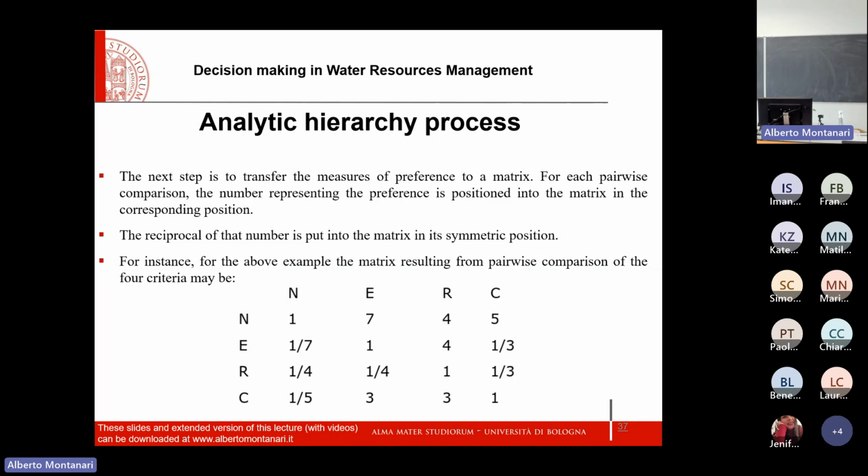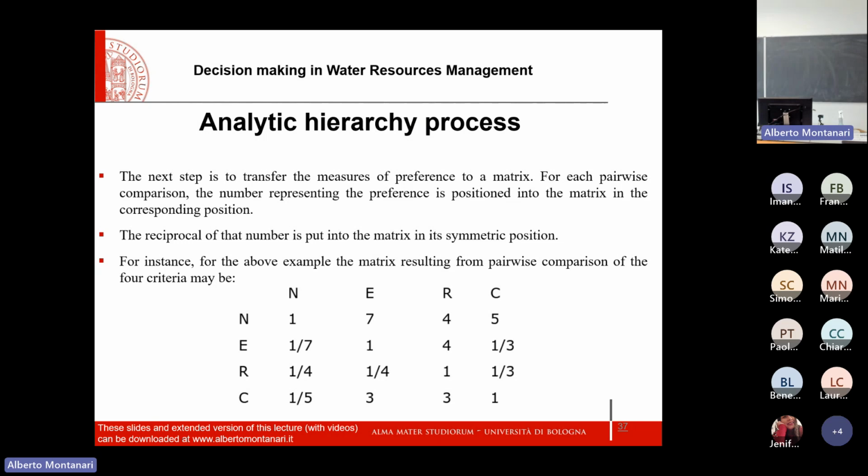The question is basically, when I look at the first row, which is put in first place of the comparison? For instance, for the number 7 in the first row, is the first one environmental impact or net benefit? This is your question. So basically, does a score of 7 here mean that net benefit is more important than the environmental impact, or the other way around? Let me think if this is relevant.